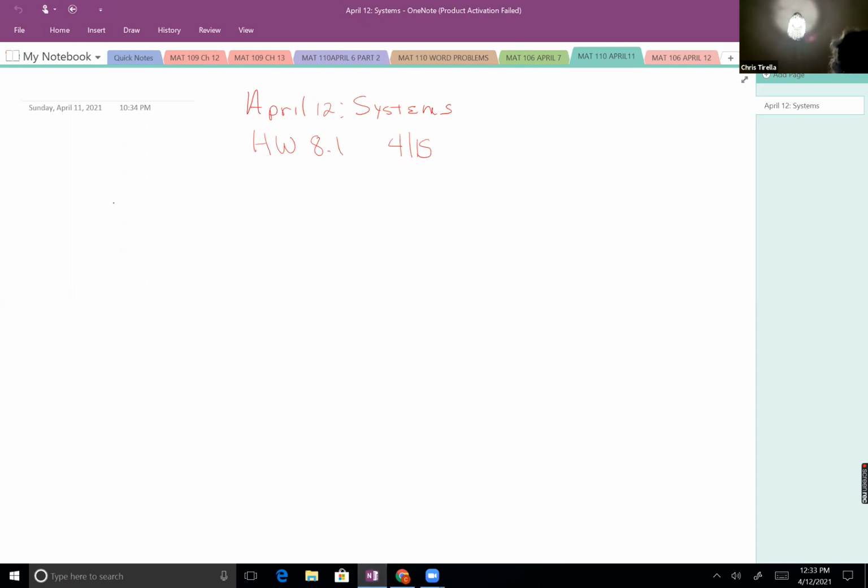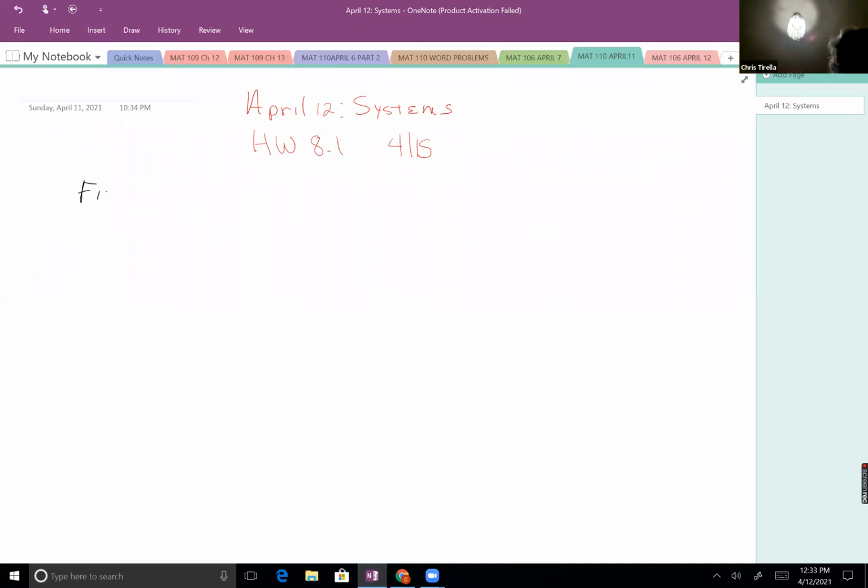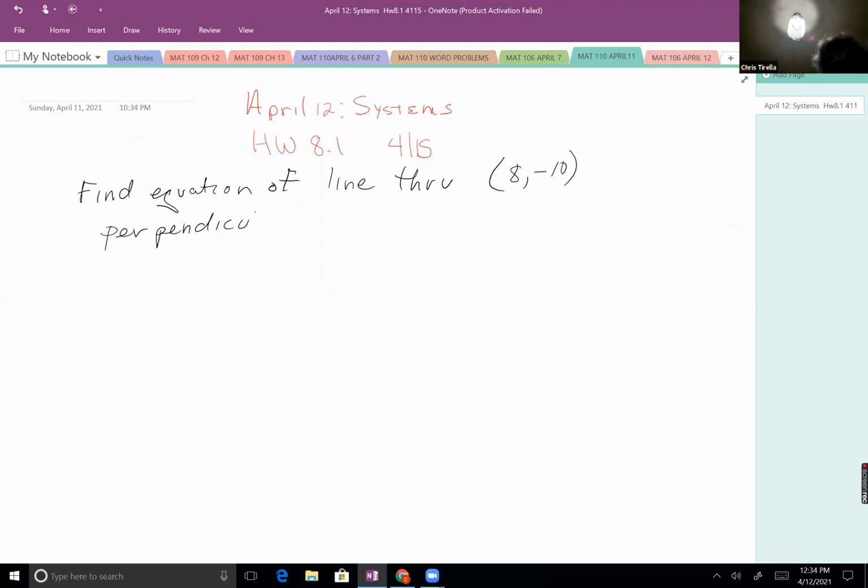I think everybody got a question that was along the lines of find the equation of a line through some point, let's say (8, -10), that's perpendicular to the line, and then there was something like x equals, let's say, -2.